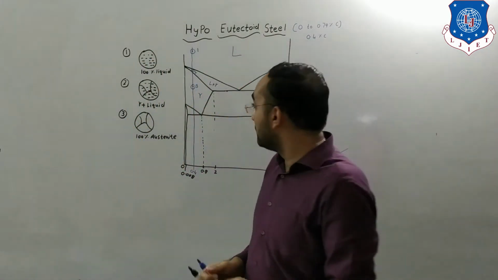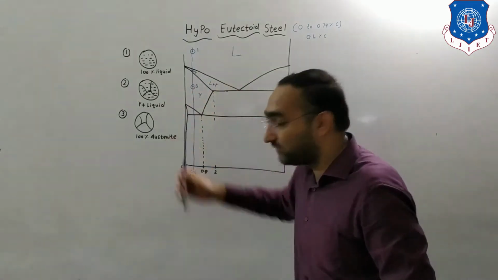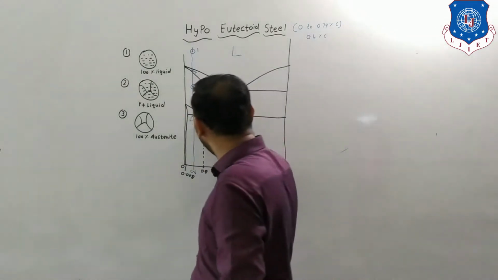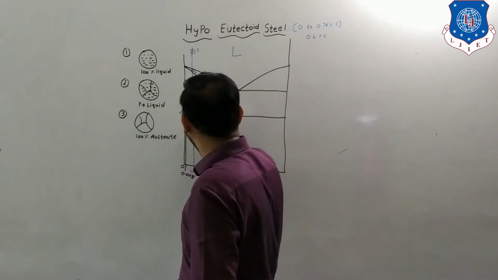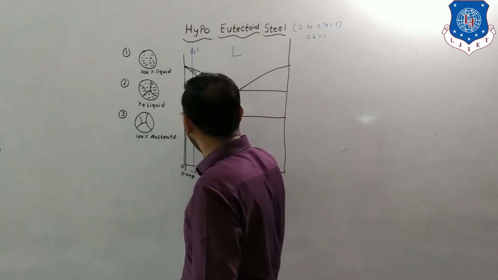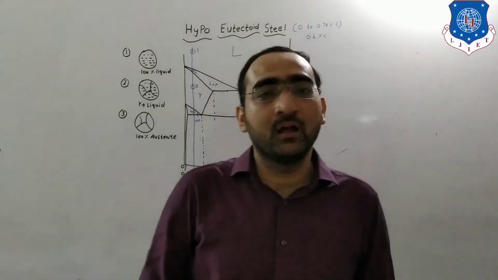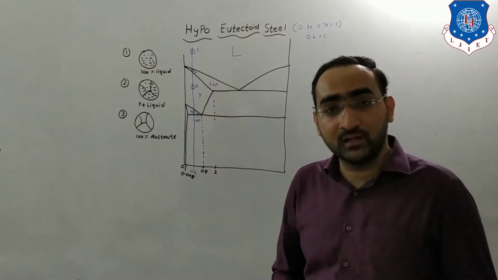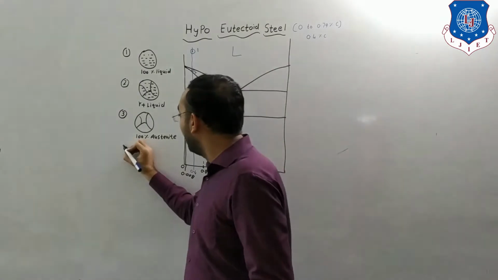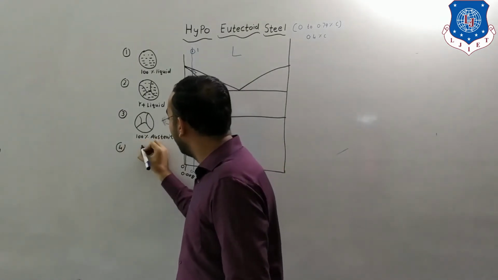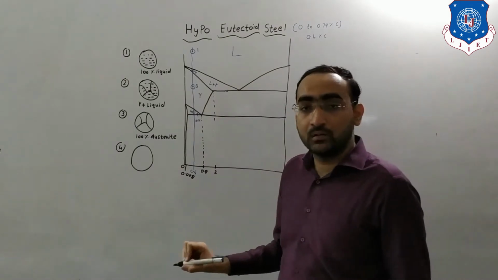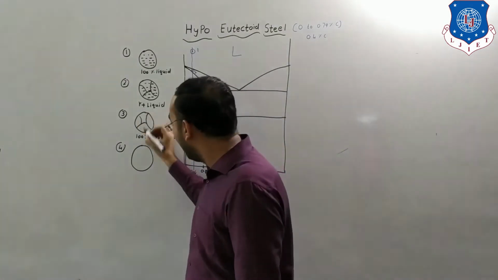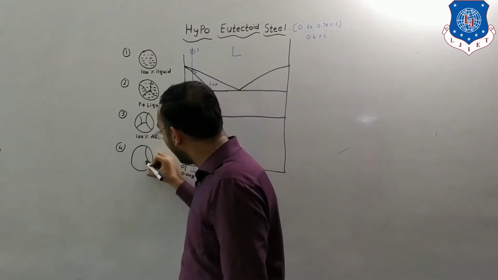But now you can see this line proceeds further into a new region, the fourth point, which is known as alpha plus gamma, ferrite plus austenite. So now the fourth region is alpha plus gamma. You have to carry forward this gamma over here.